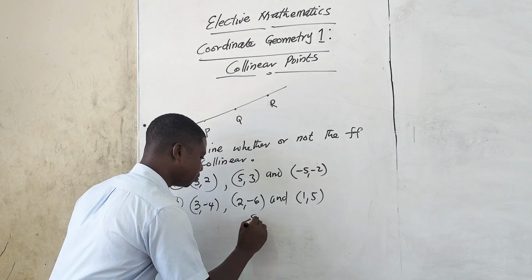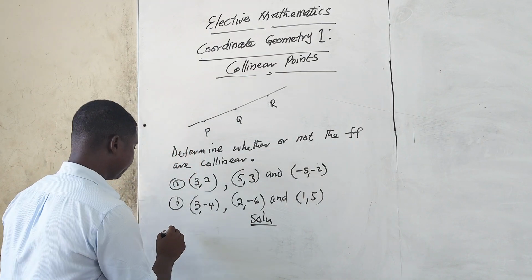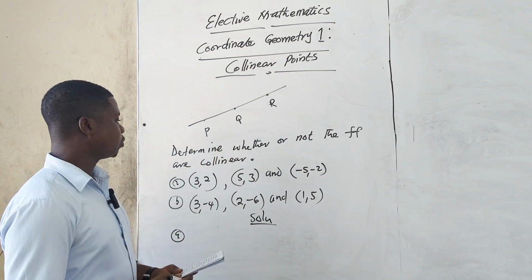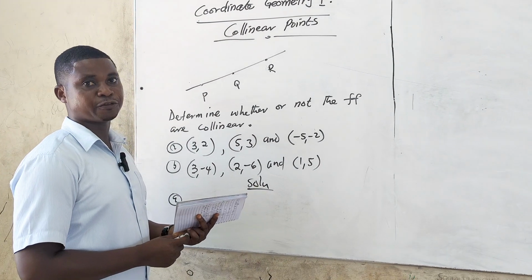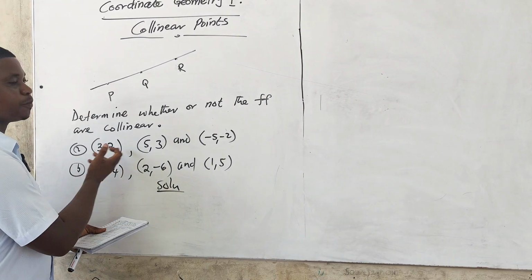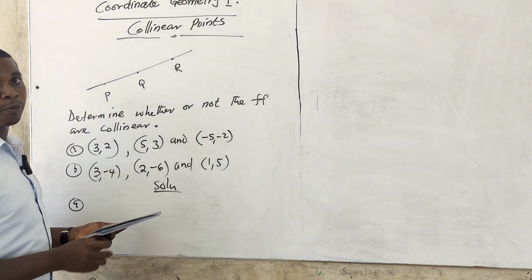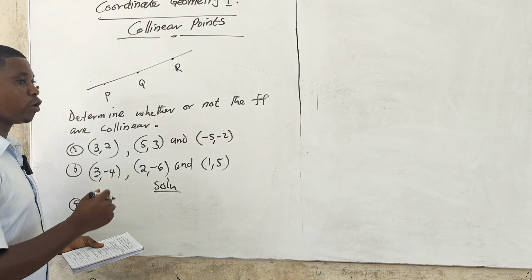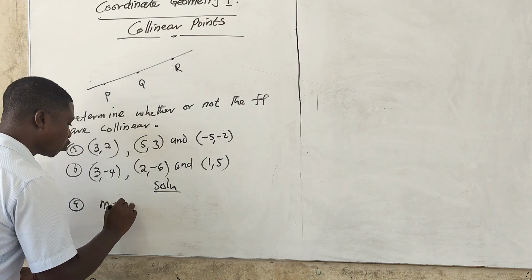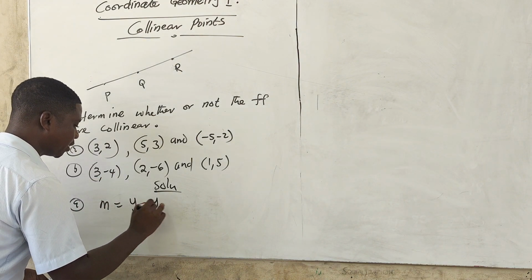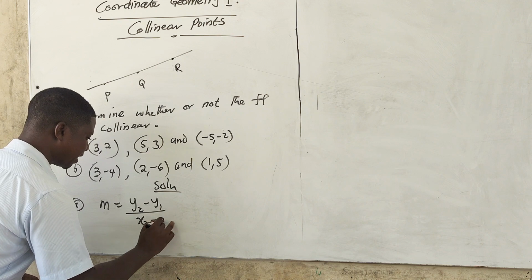So we start from the first one, A. To determine if they are collinear, it means we have to find the gradient. So let's pick the first and second points and find their gradient. And we know gradient m is equal to y2 minus y1 all over x2 minus x1.